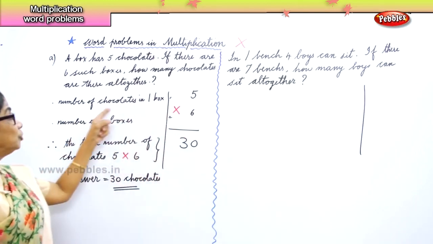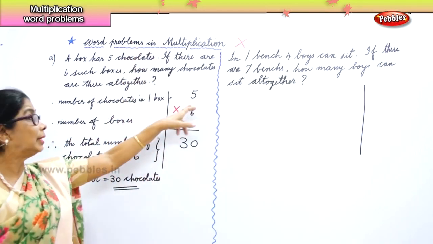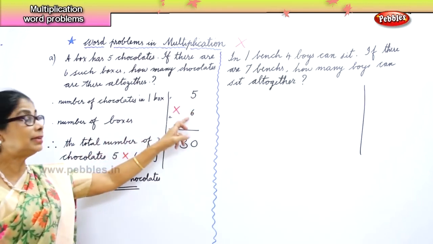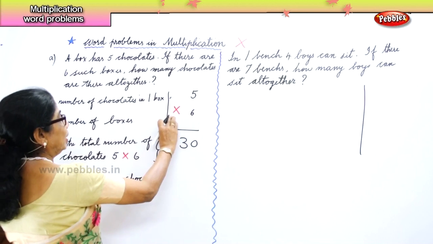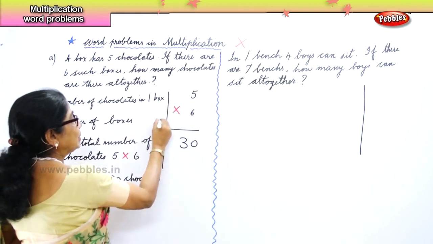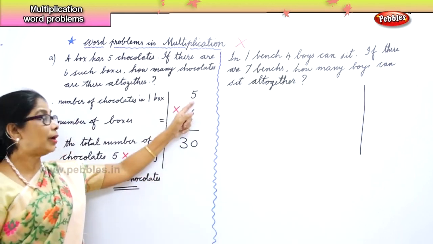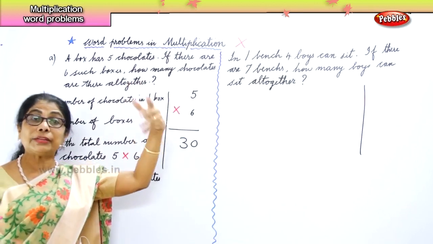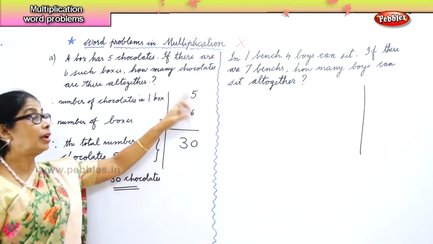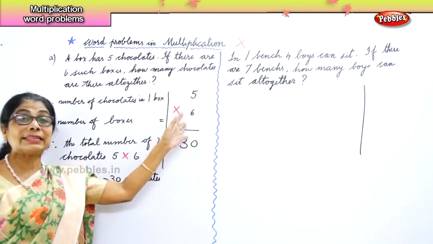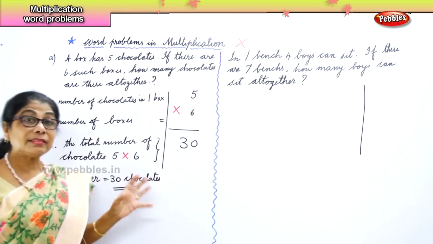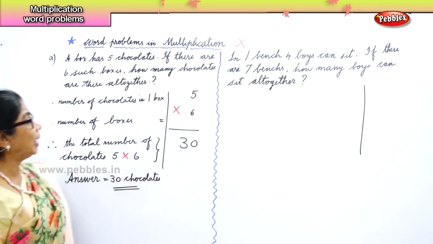So, number of chocolates in one box, 5. Number of boxes, 6. One box, 5. So, 5 plus 5 plus 5 plus 5, 6 times 5. 5, 6s are 30. So, what is your answer?